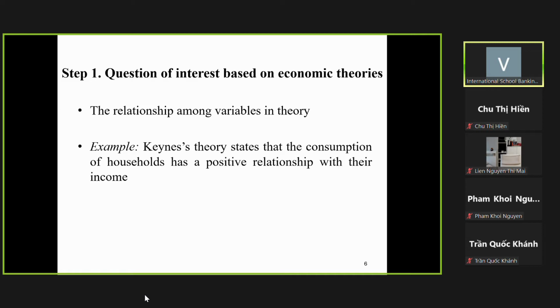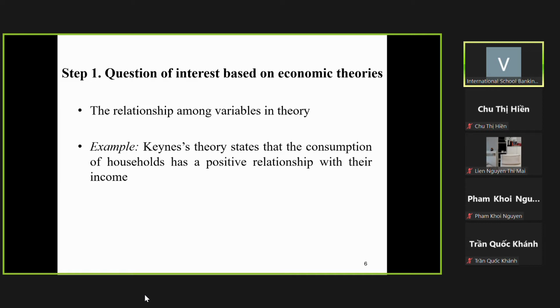Okay. For example, when you study microeconomics, and you study the behavioral theories, or the firms, you study the quantities function of the firm, and you have an idea, okay, you want to analyze factors affecting the quantities of output of the firms or the performance of the firms, or you want to analyze factors affecting GDP, the GDP growth of countries in the world.